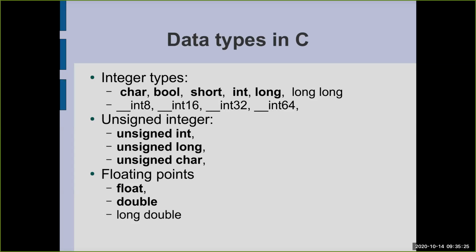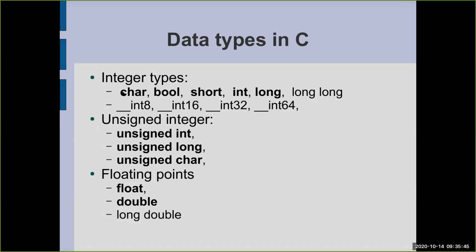So in C we have several classes of simple types. So we have integer types, unsigned integer types, and floating point types.